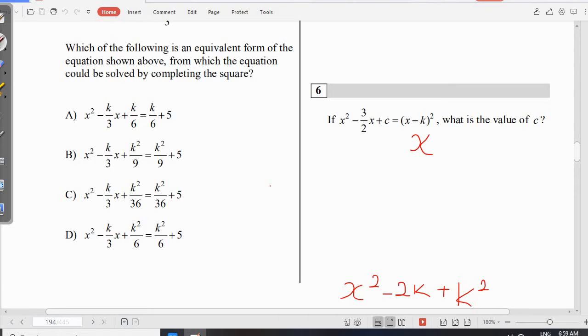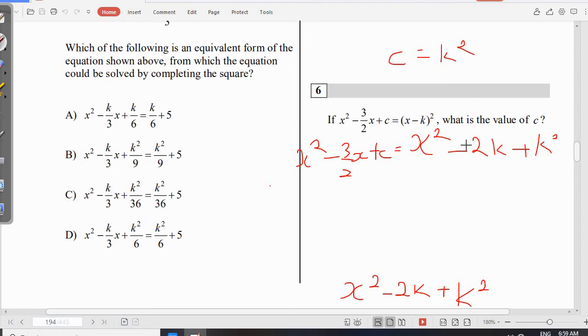So I have x squared minus 2kx plus k square, and it's exactly equal to this one, x squared minus 3 over 2x plus c. If they're equal, the coefficient of x squared and x squared are equal. This c is equal to k squared.